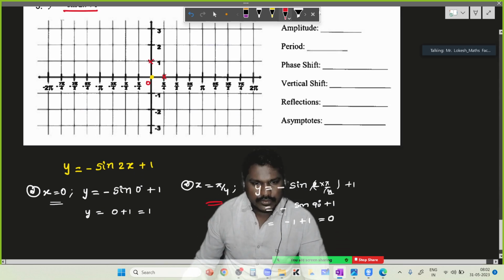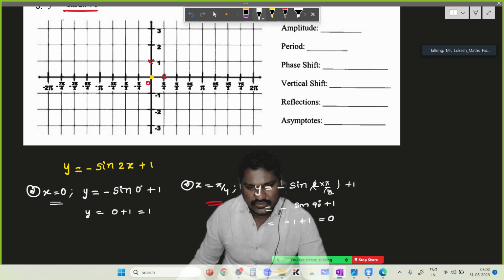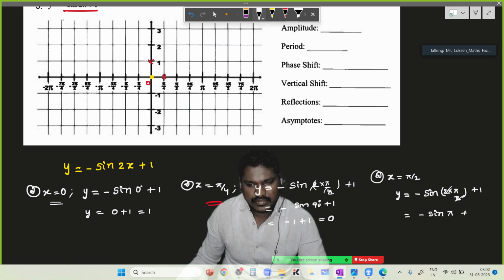And again, at x is equal to pi by 2. Okay. So let me substitute the value of function at x is equal to pi by 2. So y will be minus sine of 2 into pi by 2 plus 1. So 2 and 2 get cancelled. It will become minus sine pi plus 1.